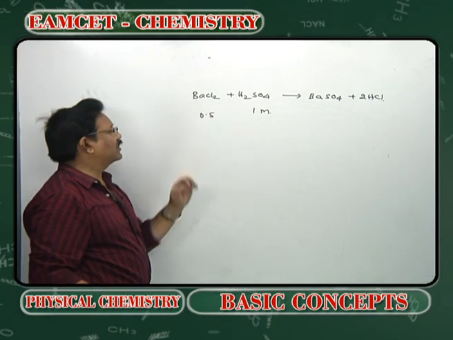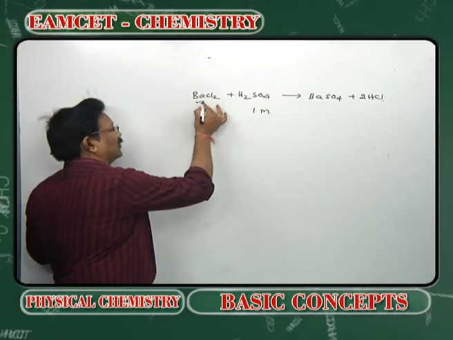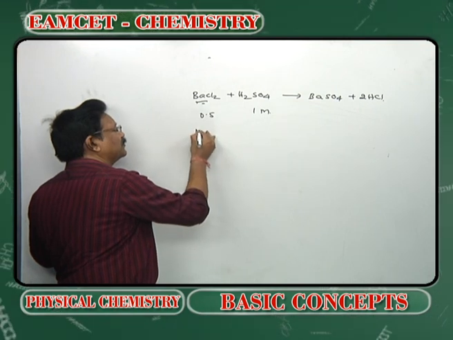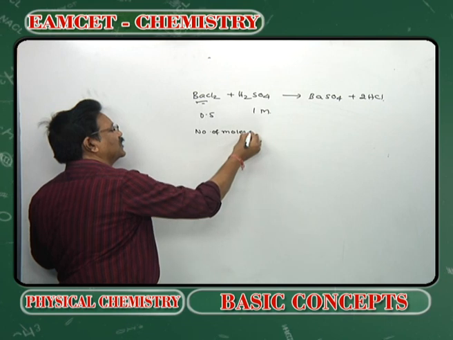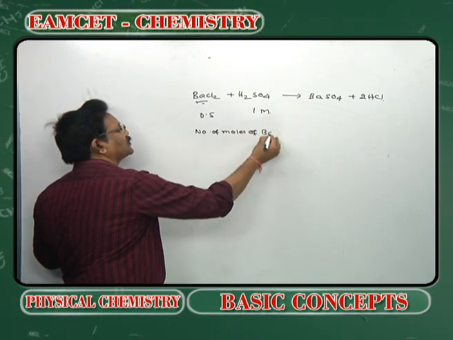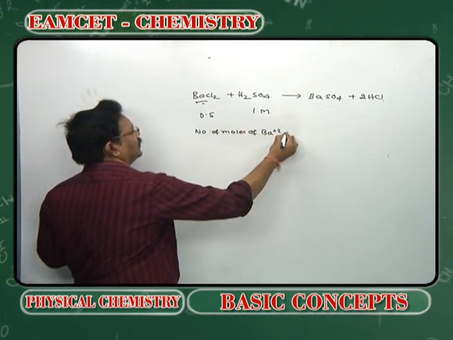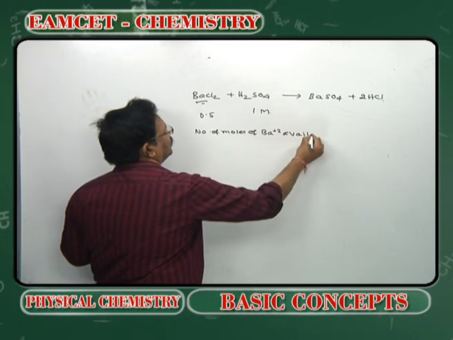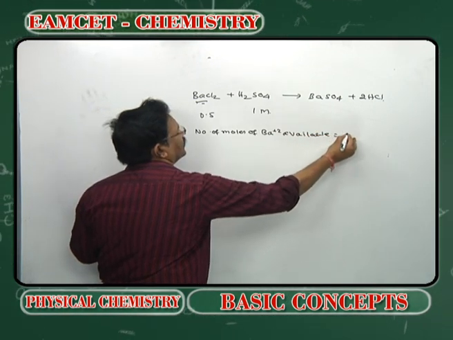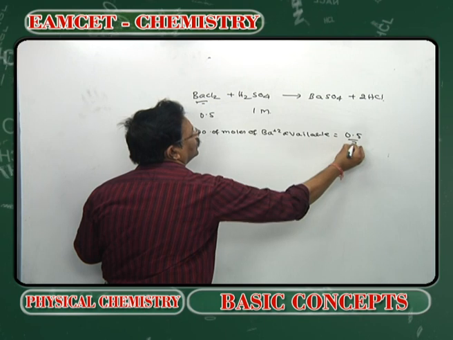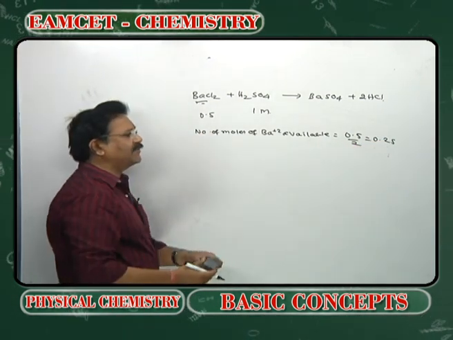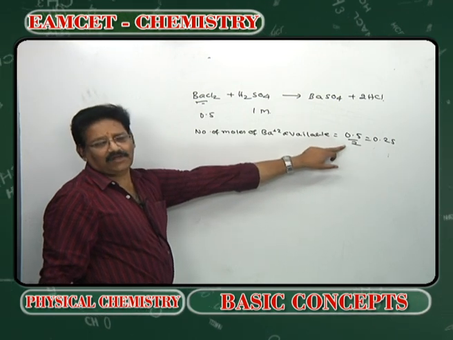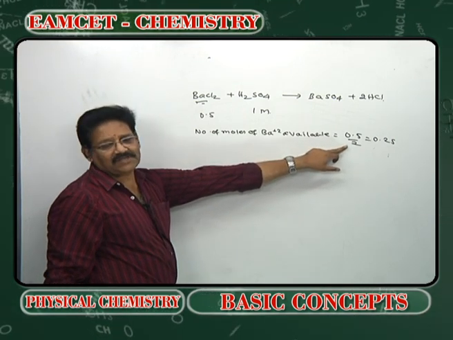Barium chloride, because here the number of moles of Ba plus 2 available is 0.5 by 2, that is 0.25. Why is it divided by 2? Because equal volumes are mixed.